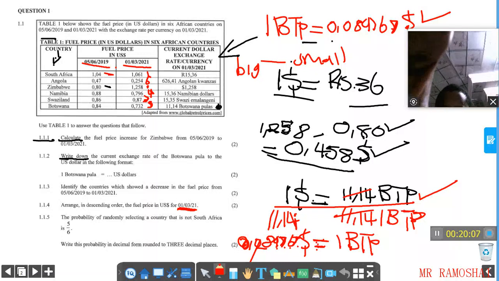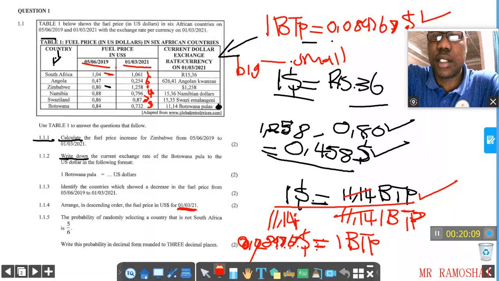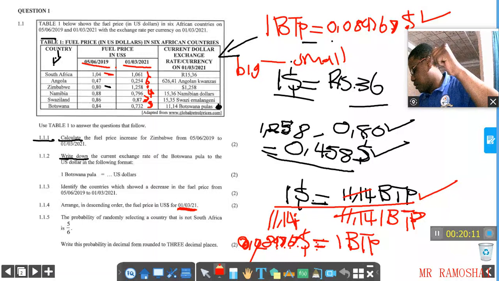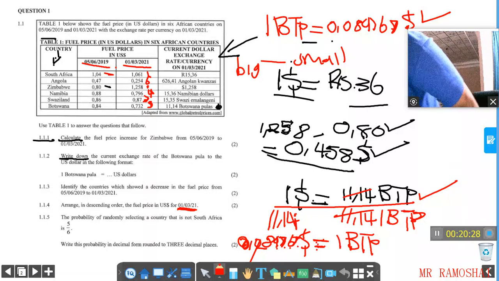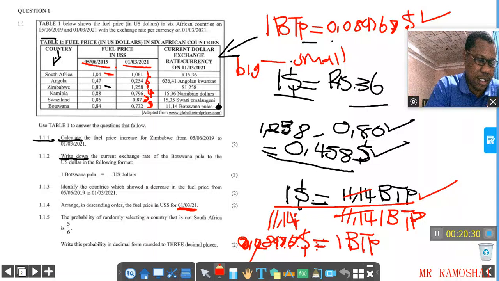I can't find my other calculator. Okay, it's fine. Let me try. I don't see the other calculator. So I'll try to use this one.